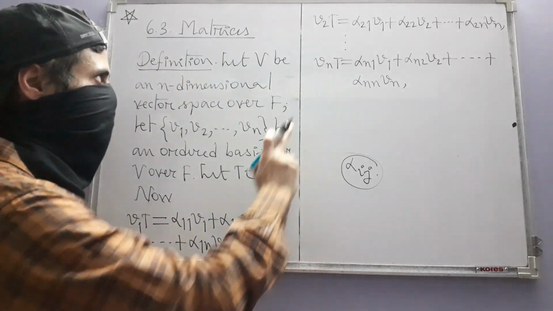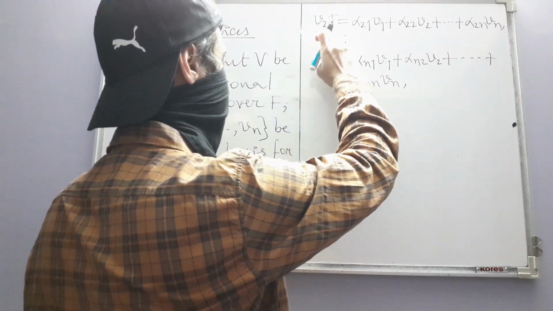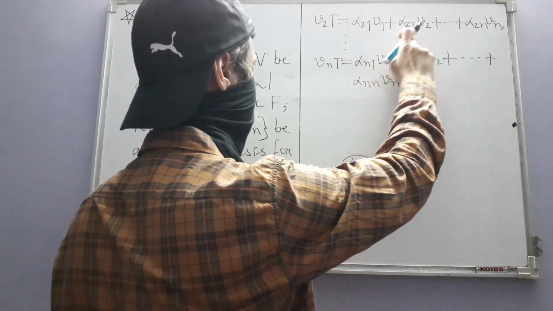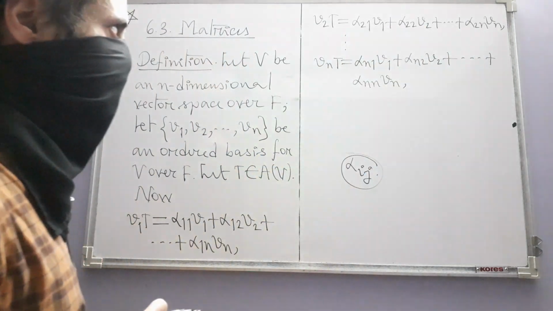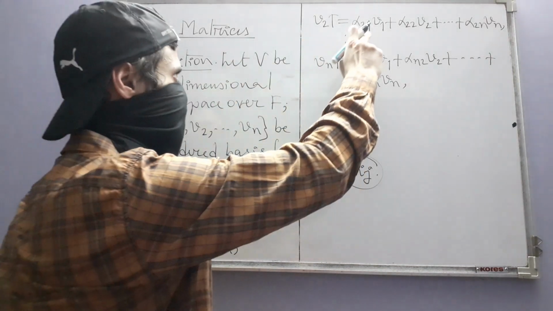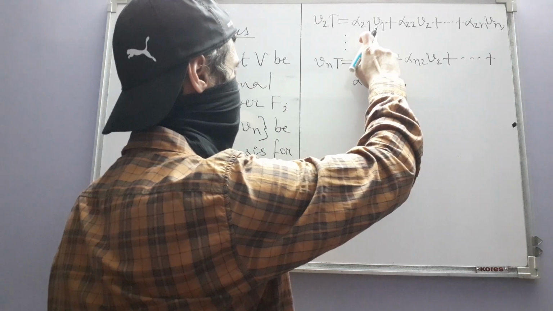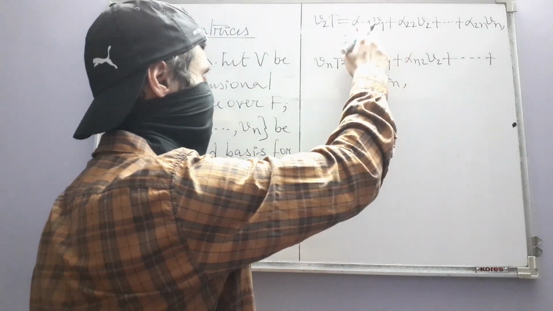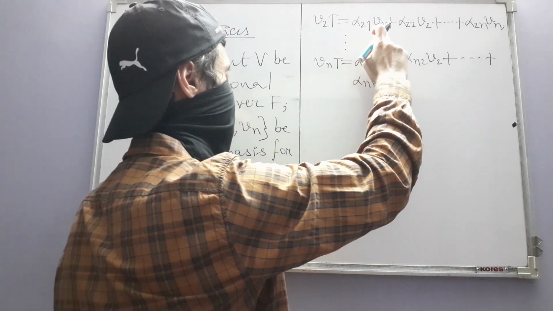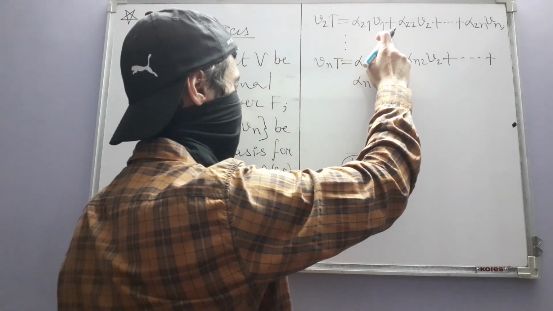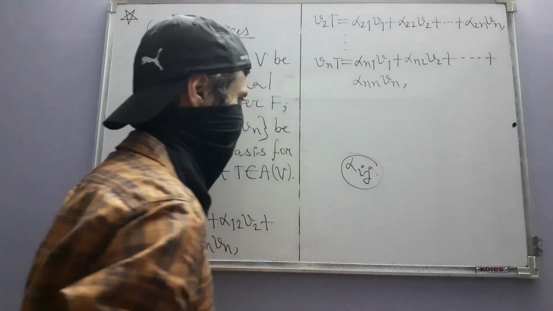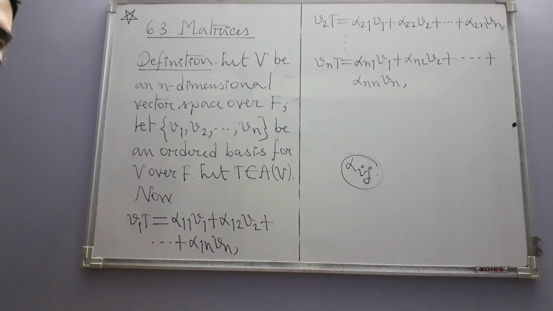For example, here we have V2t, so the first suffix will be 2 in all the alphas that appear here, and the second suffix will keep changing and will indicate the position of the scalar within this linear combination. Alpha 21 is the coefficient of V1, alpha 22 of V2, and so on, alpha 2n of Vn.